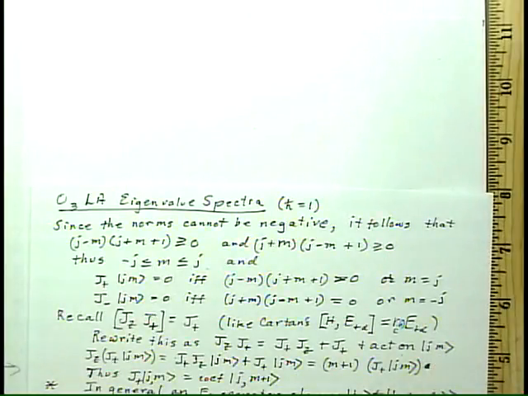In other words, we're going to be looking at this J plus jm to see what eigenvalue of Jz this has. We know that this vector right here has an eigenvalue of m for Jz. But what happens if we act with J plus first?